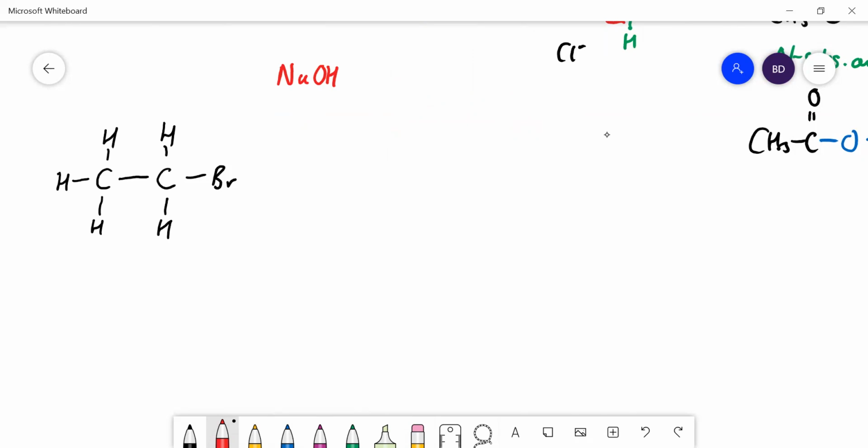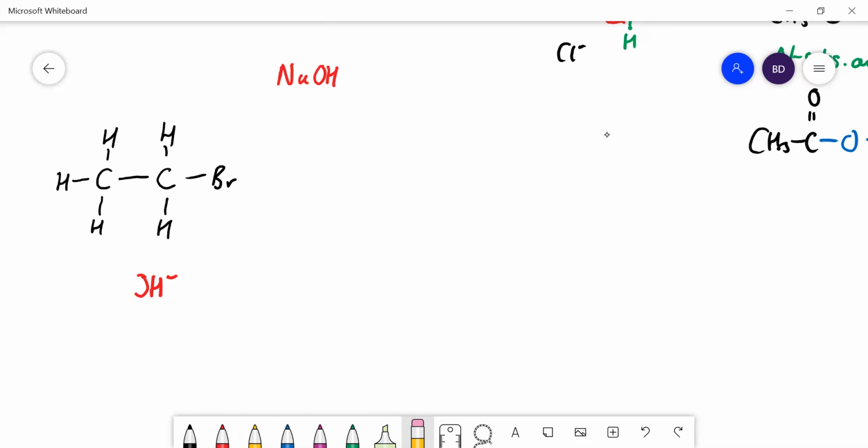And the OH minus then doesn't behave as a nucleophile, it behaves as a base. So, right, here we've got OH minus. It doesn't attack this delta positive carbon if you use the ethanol. It actually acts as a base, a proton acceptor.